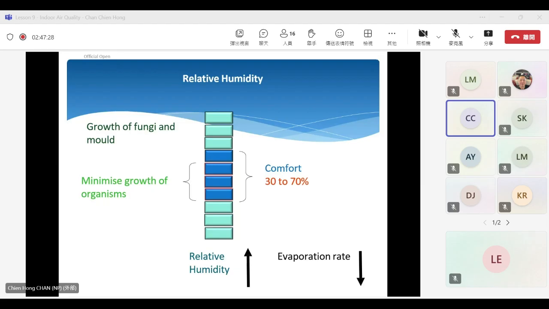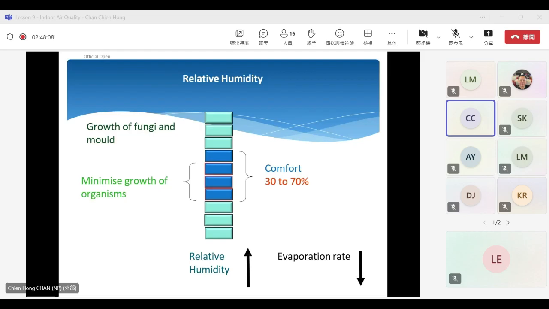In the air, there's already a lot of water vapor, so it doesn't want much more. So the moisture cannot evaporate fast enough, and that's why we feel warm and sticky. So that's the effect of the relative humidity. And our human body tends to feel comfortable when this percentage is around 30 to 70%. And then for an aircon environment, it can easily achieve 50 to 70% if we operate an aircon system.